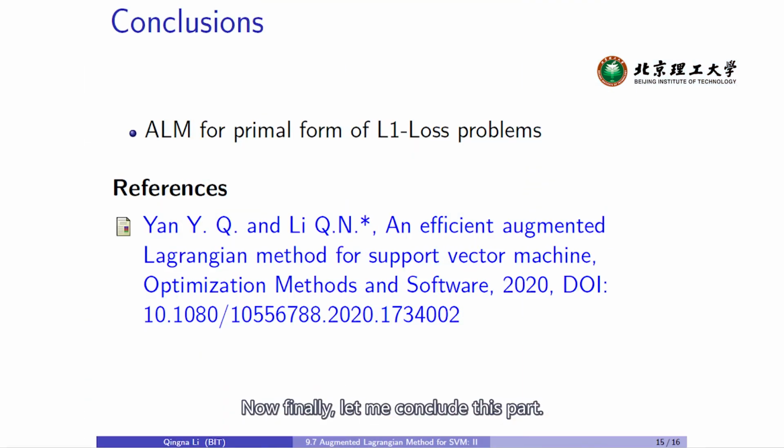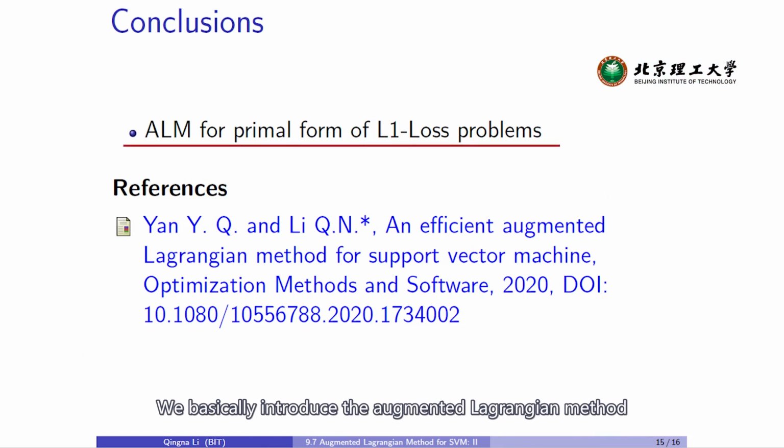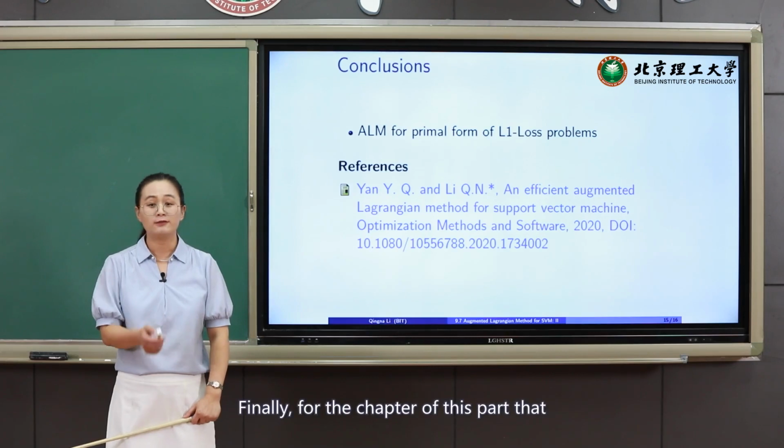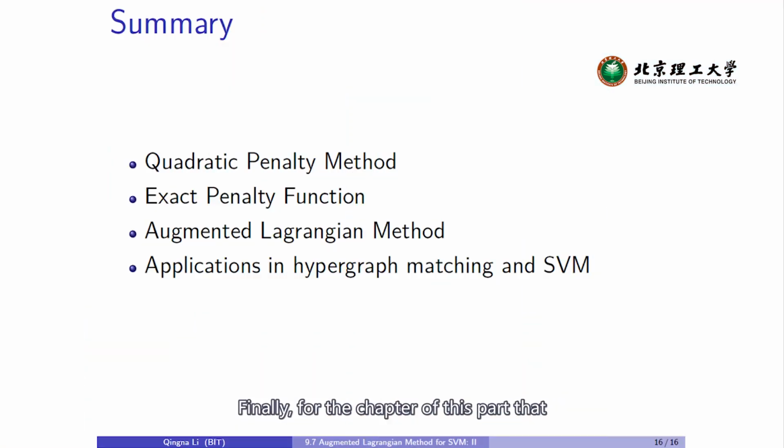Now, finally, let me conclude this part. We introduced the augmented Lagrange method to solve the L1 loss SVC problem. If you are interested in this part, you can download the reference here to see more details. Finally, for the chapter of this part, let me conclude in the following.